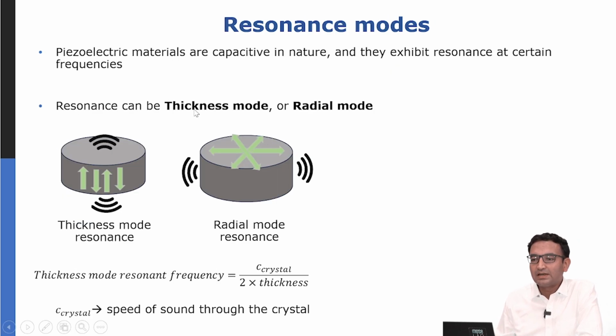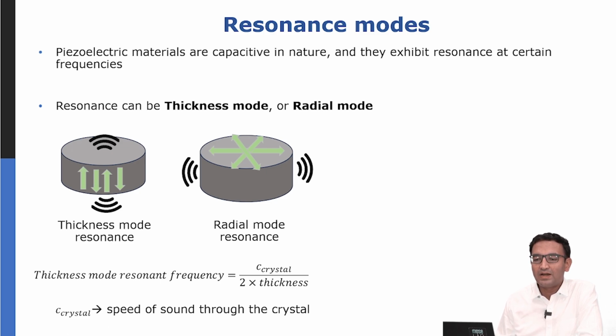So let's discuss the resonance modes of ultrasound transducer crystals. These piezoelectric materials are actually capacitive in nature and they exhibit resonance at certain frequencies. The resonance of these crystals can be of two types. Imagine this type of crystal geometry, it's a disc.